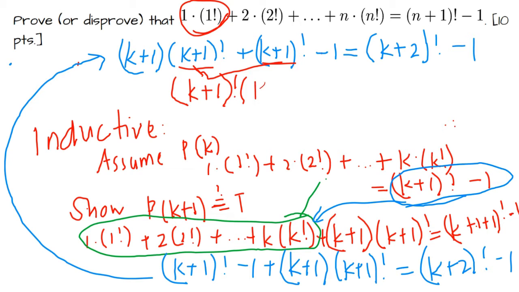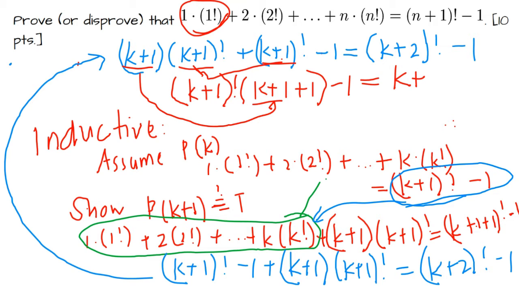So k plus 1, this term, and the leftover from this term will be another 1, so minus 1 is equal to (k plus 2) factorial minus 1.